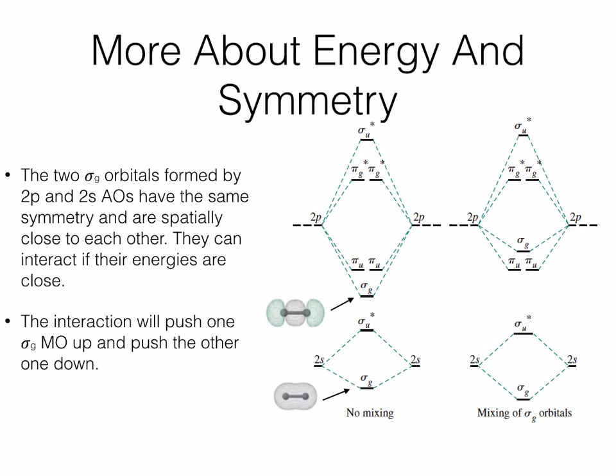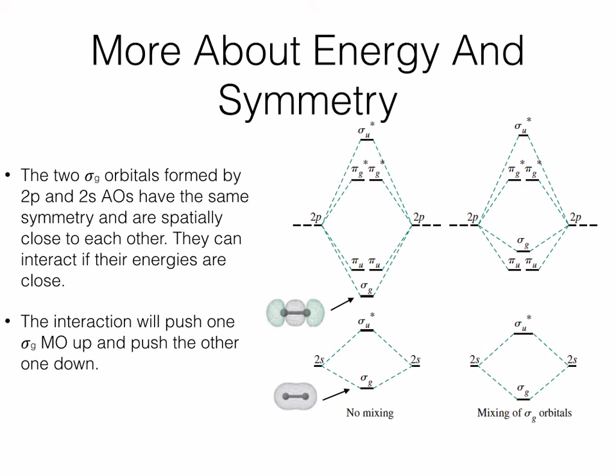Now, this is an interesting situation because there are molecular orbitals having the same symmetry. If you look carefully, there is a sigma g orbital produced by 2s, and there is a sigma g orbital also produced by 2p, specifically 2pz.